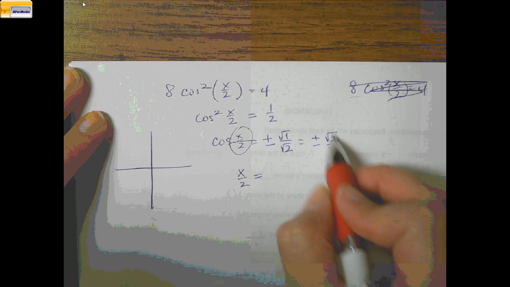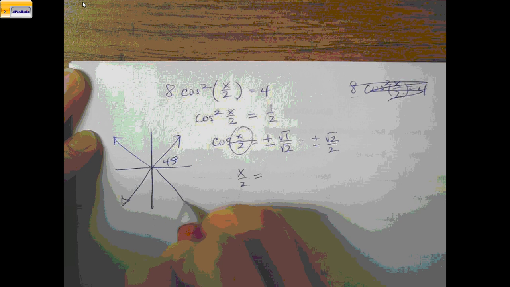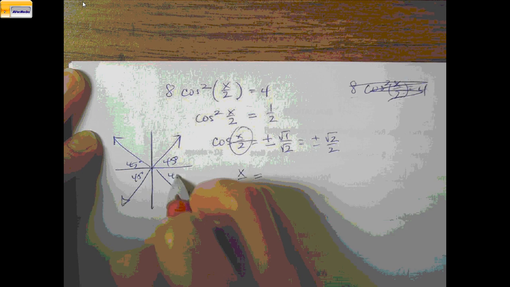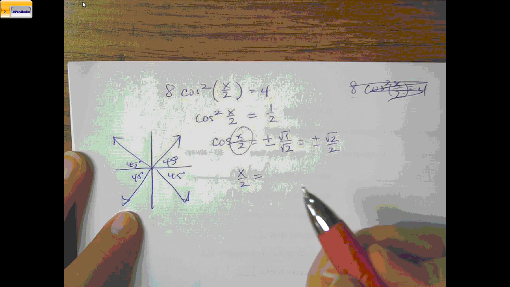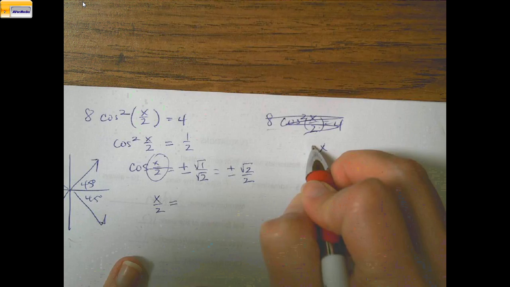And based on your unit circle, you know that that's 45 degrees. So we have 45 degrees here, here, here, and here. But remember our original interval was that x had to be between 0 and 360 degrees.